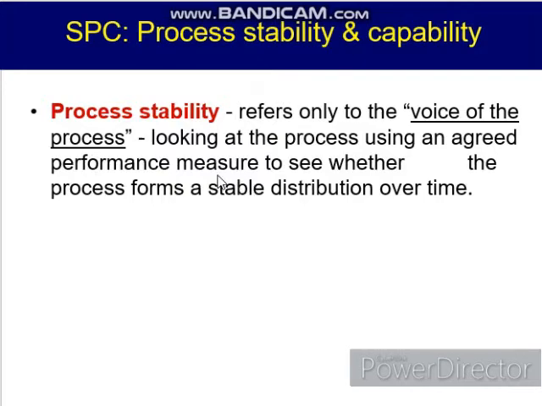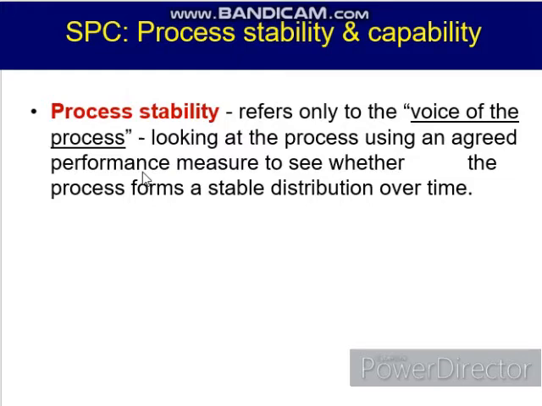So this is the first keyword, performance measure. So what does performance measure mean? Performance measure means whatever characteristics of the product or the service that you use to measure the quality of a particular product or service.